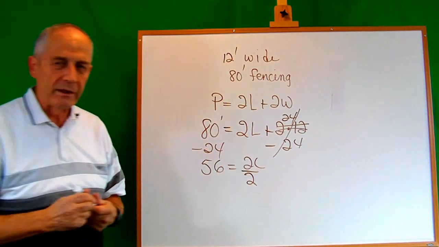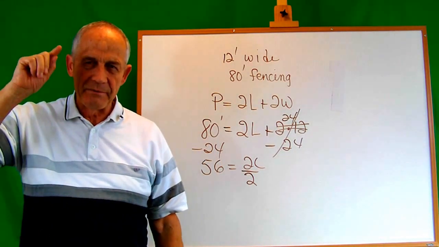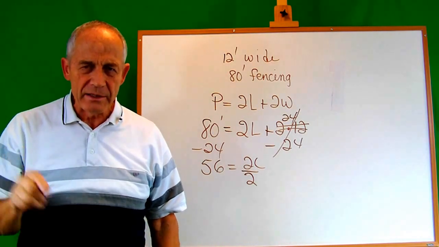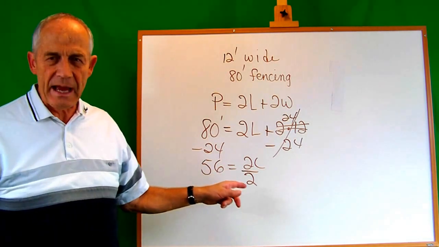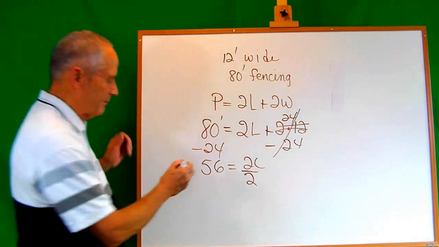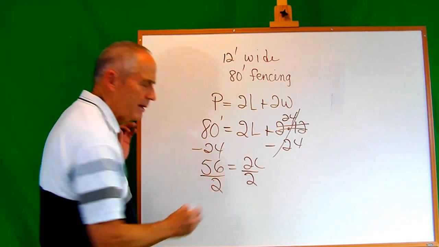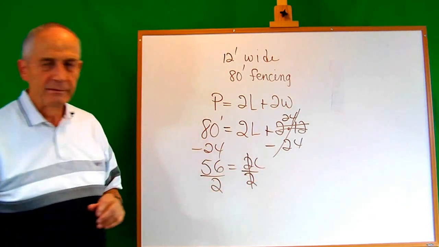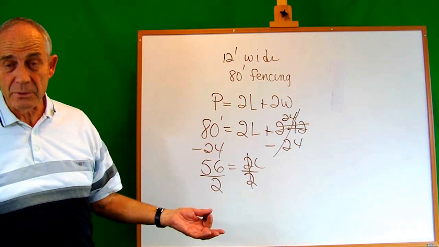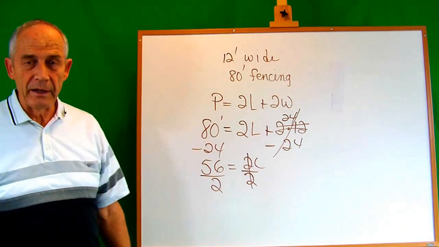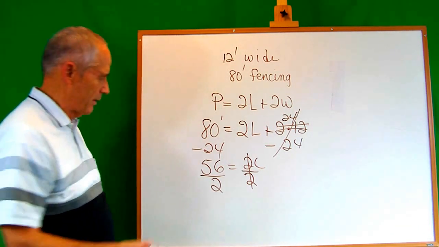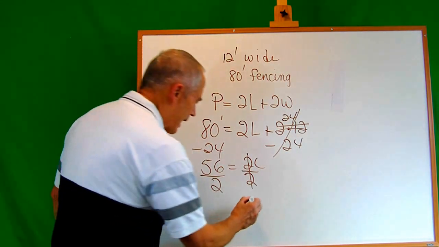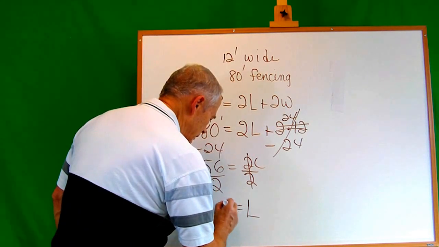But with this idea of balance again, remember, if I do anything to an equation, I want to keep it in balance, which is what's necessary to have the equal sign. I have to divide that by 2 as well. Those will cancel, leaving the L by itself, which is what I wanted. And over here, 56 divided by 2, I'm going to get L is equal to 28.